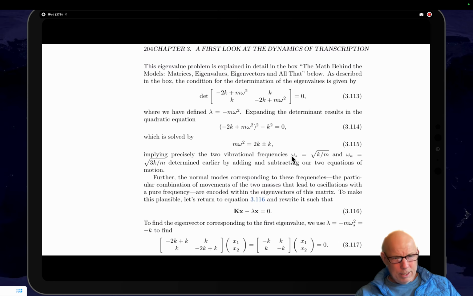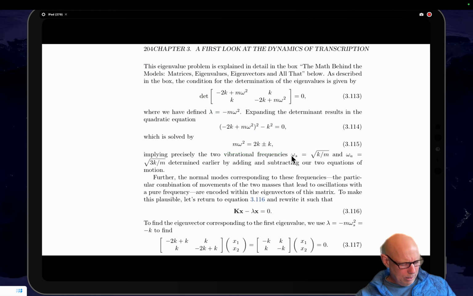Here, if you want, you can take a screenshot of this page. All that this is really saying is that the condition for solving this equation was that the determinant of this matrix be 0. We automatically, just by solving a quadratic equation, get this as the determinant. And that's precisely the eigenvalues that we got earlier.